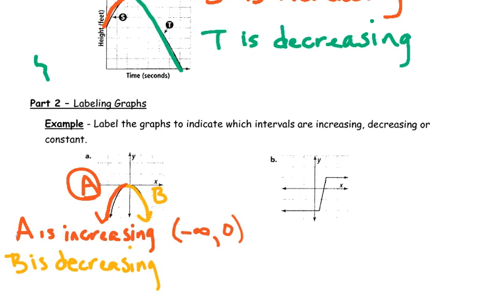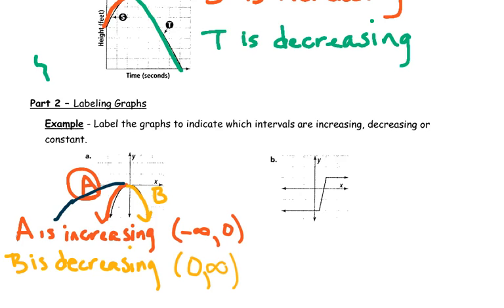So the interval where the graph is increasing is from negative infinity, because if we start over here, it would be going uphill forever up until the 0. And then at 0, it starts to decrease, so the decreasing interval is from 0 to infinity.